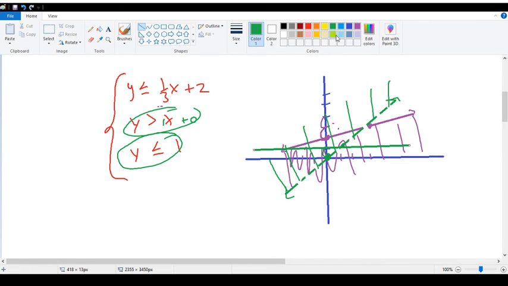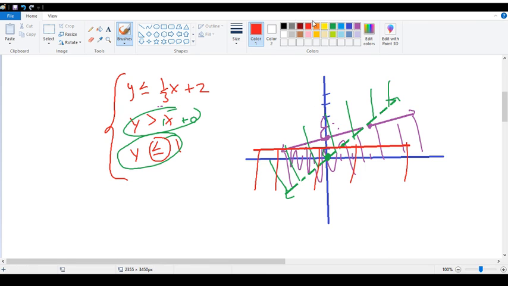Let's make it a different color, orange. And we also know that this line has to be solid because it's less than or equal to. And we have to shade below.